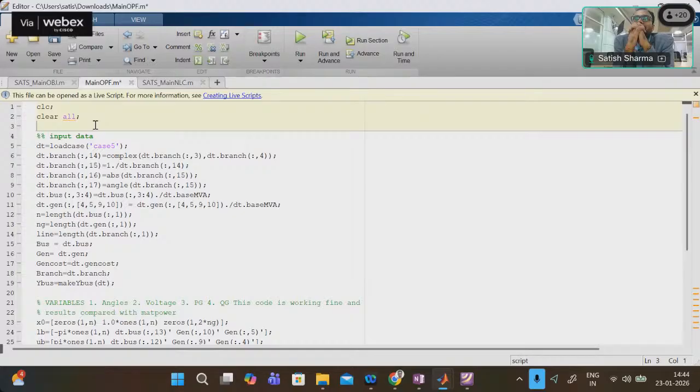Now let's see how we can write this particular program. Can you make the screen bigger? That percentage, can you increase it?